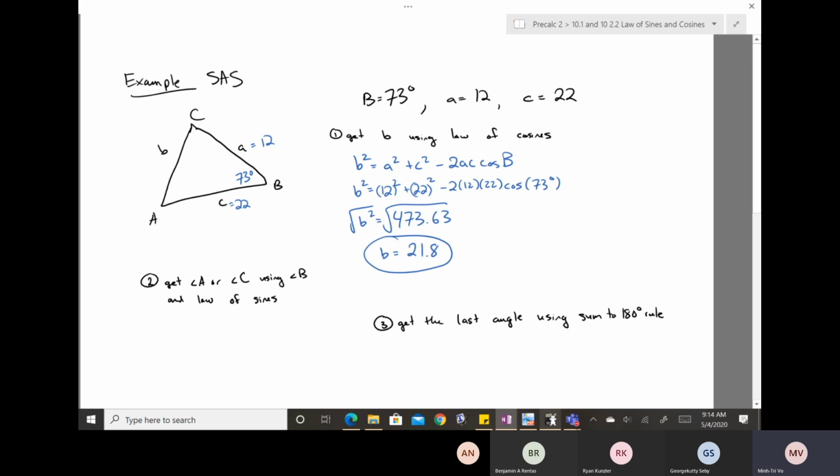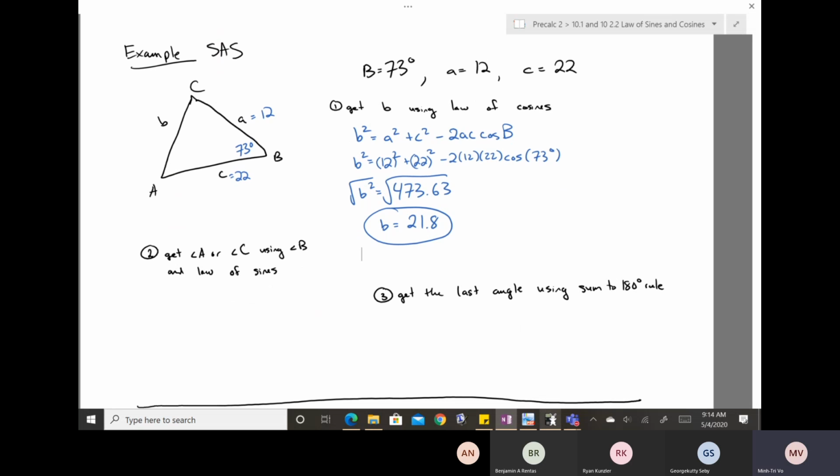So now I know side B. I know this side. And you can continue using the law of cosines, but it's easier to now switch to the law of sines. So I know B completely.